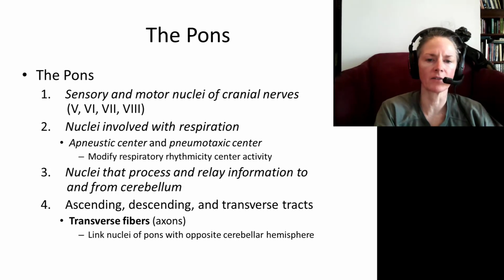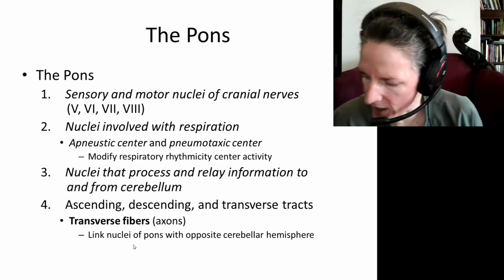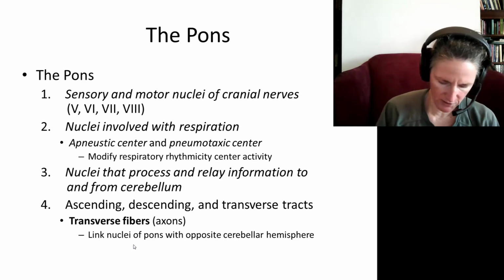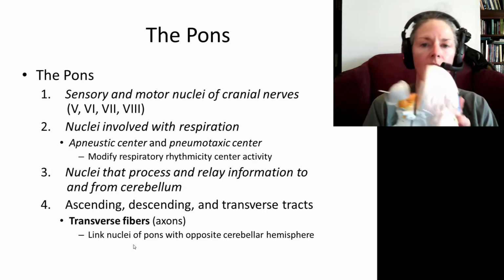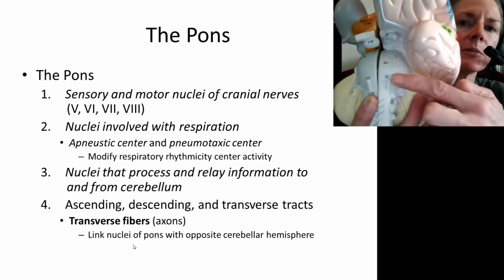And we're also going to have transverse fibers. You probably remember last time we talked about our transverse pontine fibers, and these are going to be conveying information to the cerebellum. So they're going to be conveying information from pontine nuclei to the cerebellum on the opposite hemisphere.